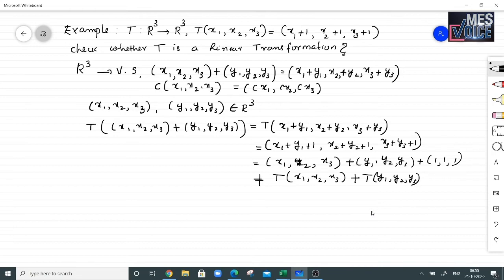Therefore, the first condition of linear transformation is not satisfied. We need not check the second condition of the transformation. Therefore, if the first condition itself fails in this mapping, this is not a linear transformation.